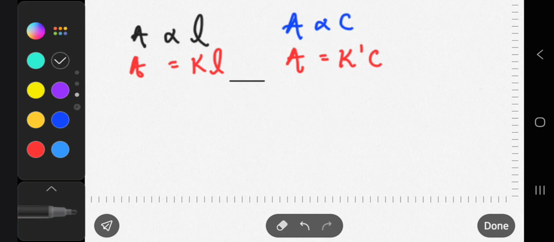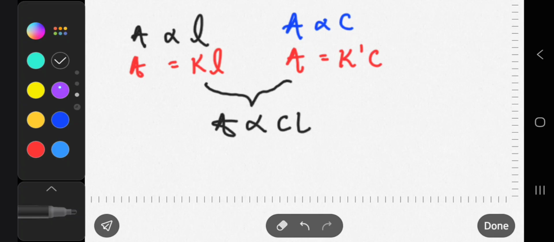When these two are combined, it gives A directly proportional to path length and concentration. What they have in common is concentration and path length, and that is why absorbance is directly proportional to the concentration and the path length.